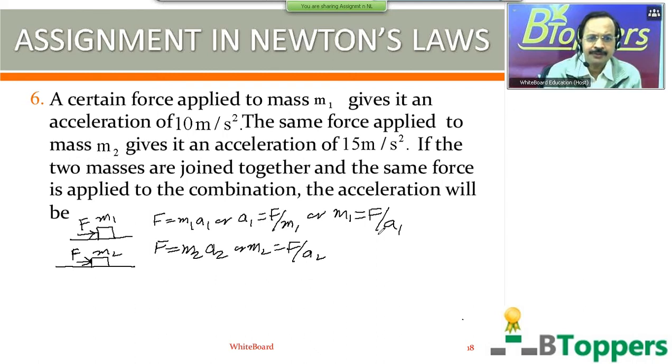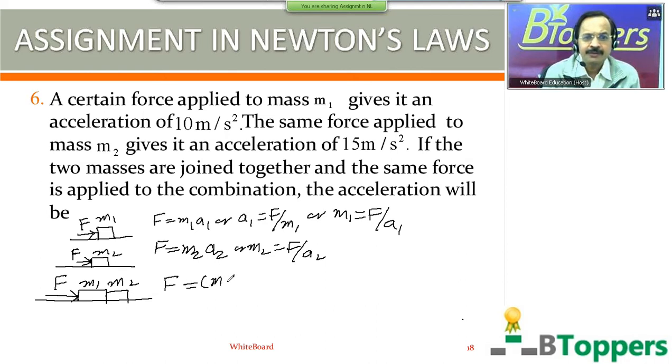So in the third case, the two masses are tied together, and the same force is applied on the combination. If you apply Newton's second law for the system of total mass m1 plus m2, you can write F equal to m1 plus m2 into a.